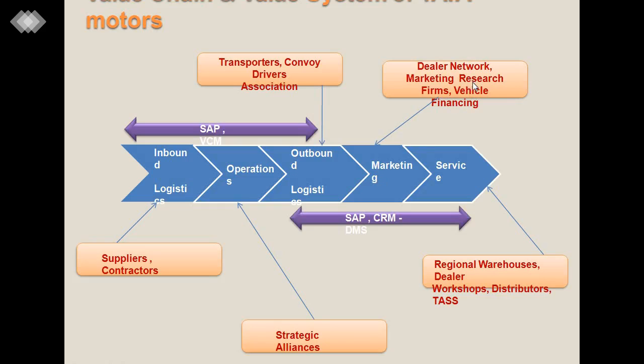Here, dealer networks, market research firms, and vehicle financing are also related with the different suppliers, some strategic alliances, regional welfare dealers, workshops, and distributors, which follow inbound logistics, operations, outbound logistics, marketing, and services. So this is how Tata Motors interacts with the help of the value chain and value chain systems.